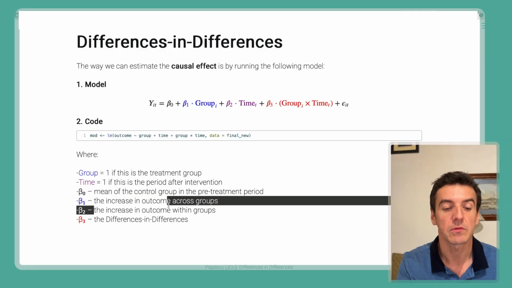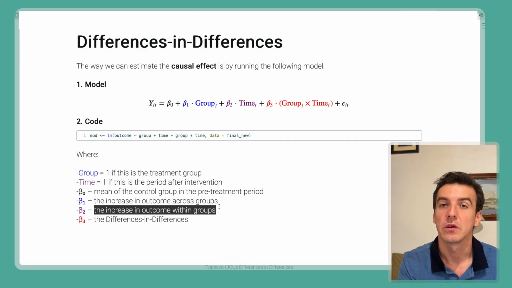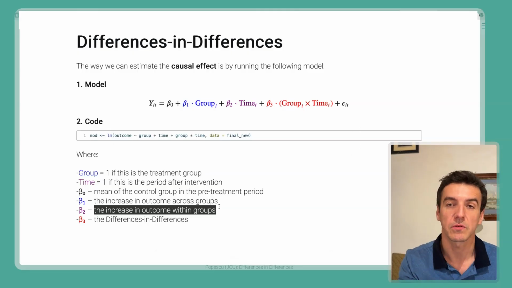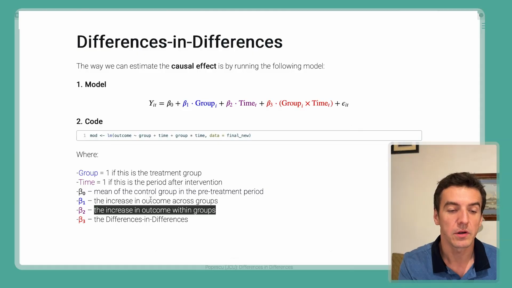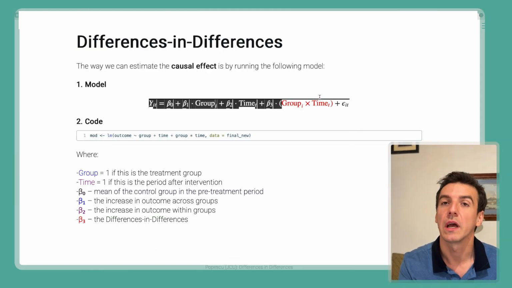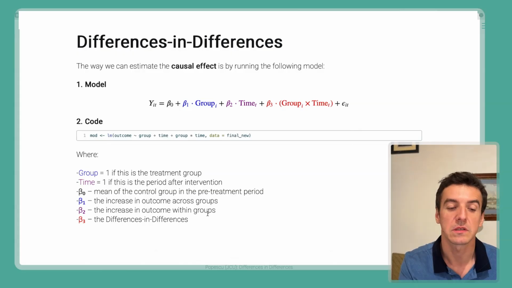Beta 2 is the increase in outcome within groups, so how much this is increasing within Pennsylvania and within New Jersey. And finally, the part that we're interested in is this interaction, group and time. This is the differences in differences effect.